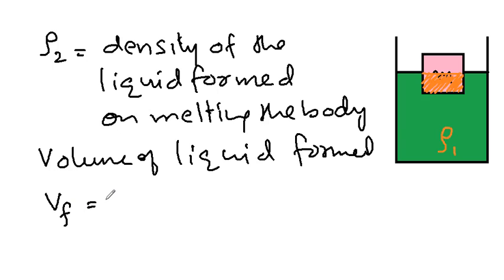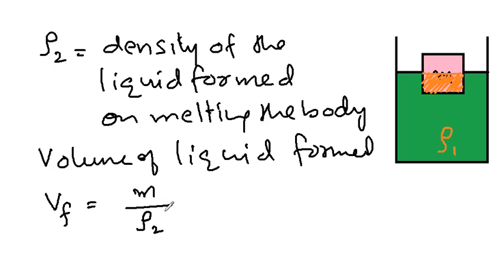How do we calculate that one? See, on melting, mass of the body will remain the same. The mass of the liquid formed will be equal to mass of the body. If you divide that mass by density of the liquid formed, you will get the volume of the liquid formed.